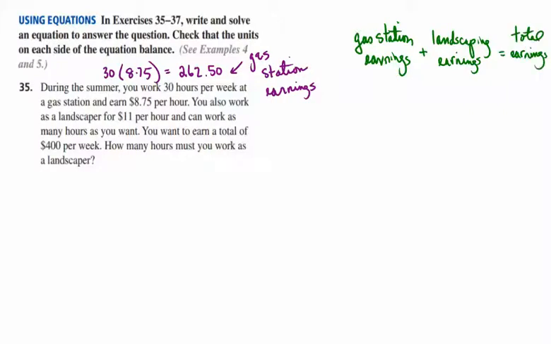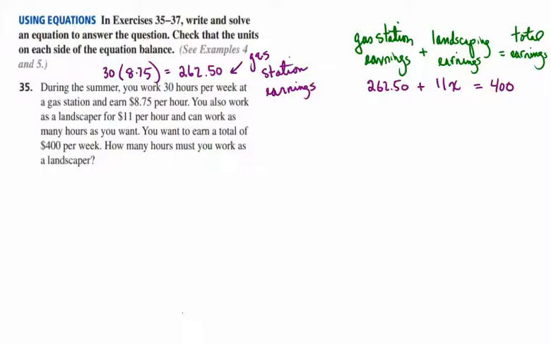So we know from the problem that you made $262.50 from the gas station. You also earn $11 per hour for an unknown number of hours as a landscaper. And we also know that your total earnings were $400 for that week.